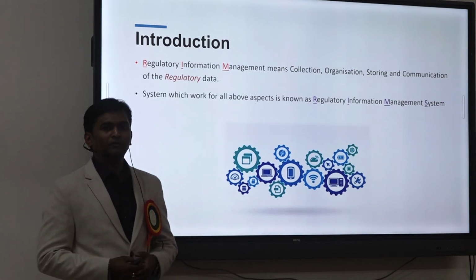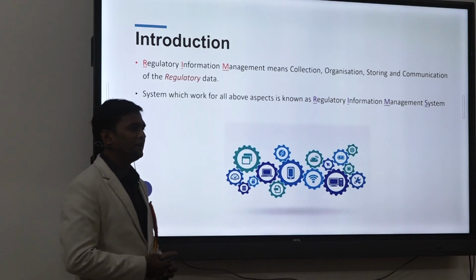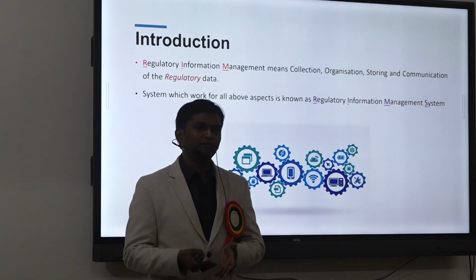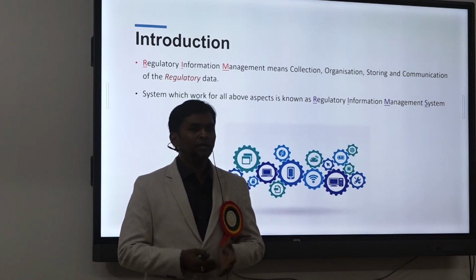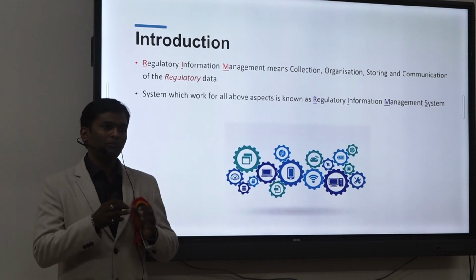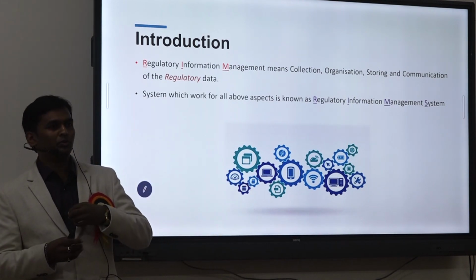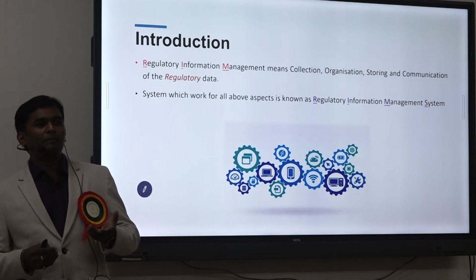In the market today we have n number of systems from different vendors; different companies have built their own regulatory information management system. More or less every company's RIMS work in a similar fashion, though you may see some difference in the UI, the user interface.